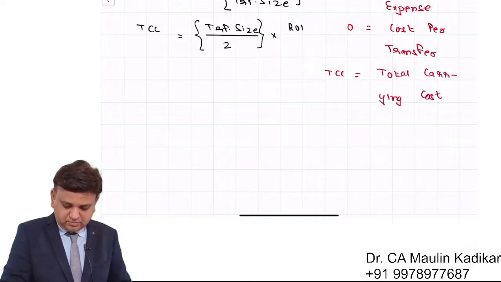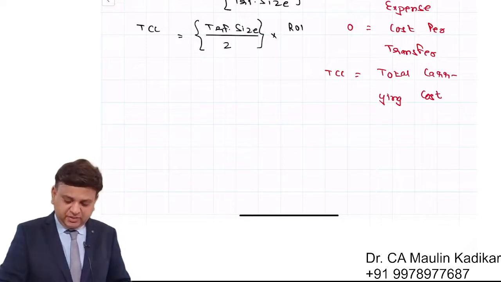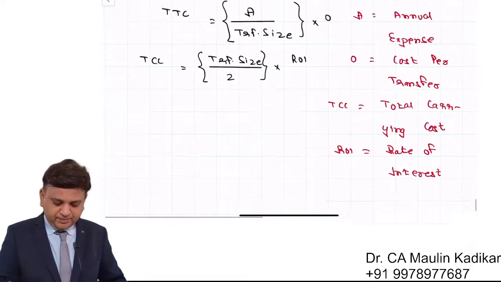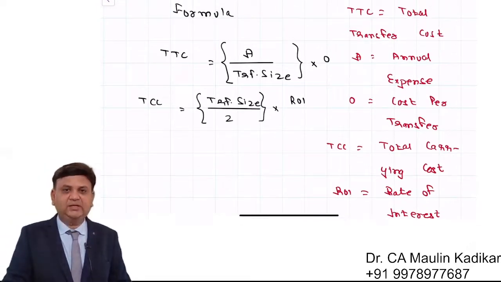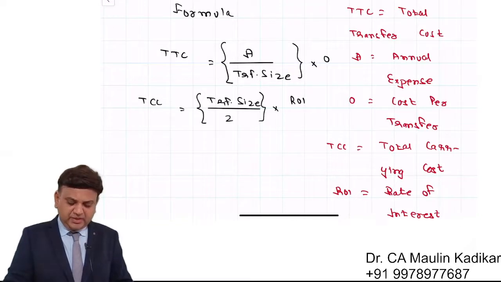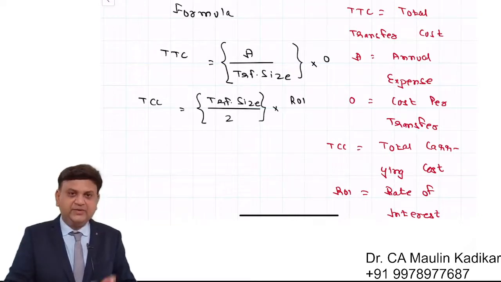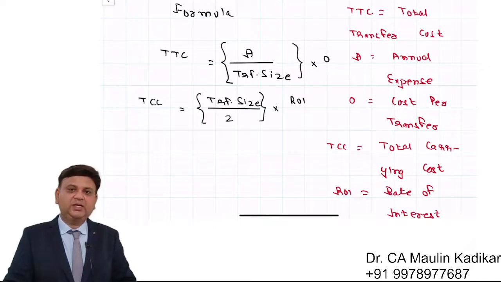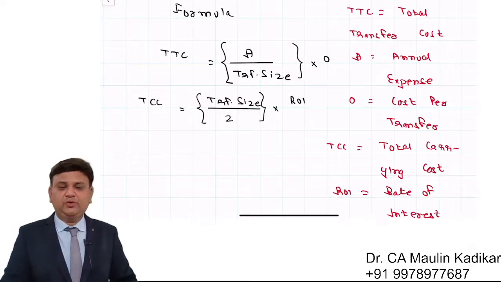The term ROI stands for rate of interest. 2 is a value only. Friends, over here basically we understand that transfer size divided by 2, because on an average whatever the balance we are going to have in the current account, only for that the carrying cost will be calculated. The way we have in case of EOQ also, it is Q divided by 2 into CI.